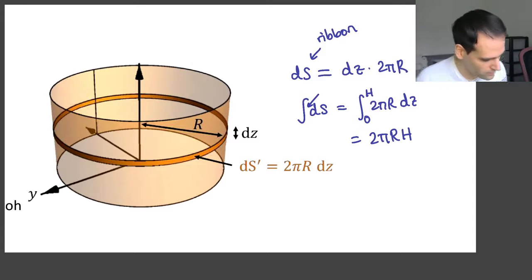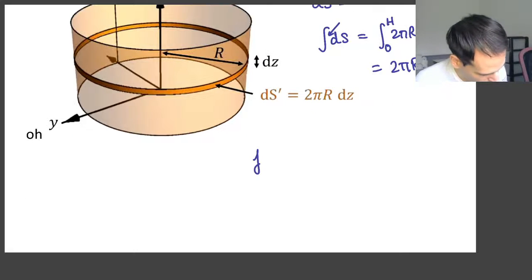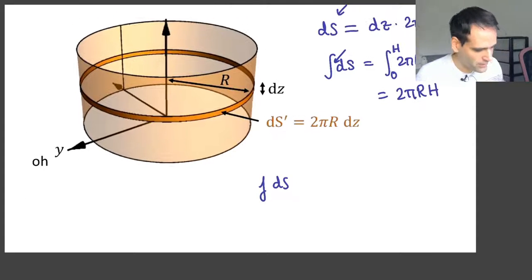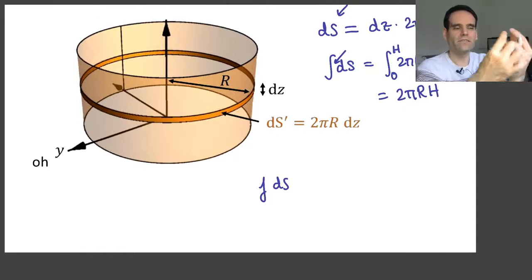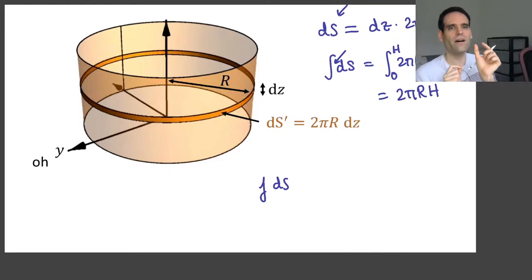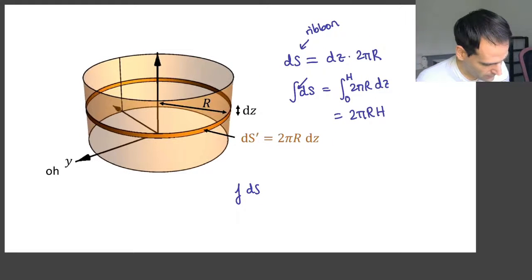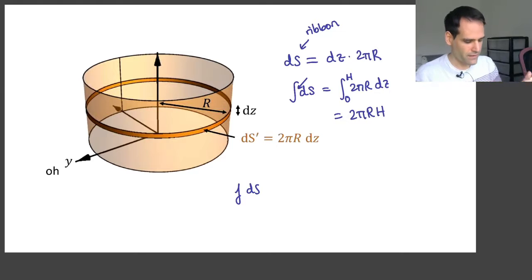So we would not be able to just write our function times ds using the entire ribbon. If the function is changing with the angle phi, we do have to split into tiny rectangles so that the function is constant in every rectangle. But in many cases, the function that you are integrating does not change with phi, and then you can do the integral as a single integral only in z.